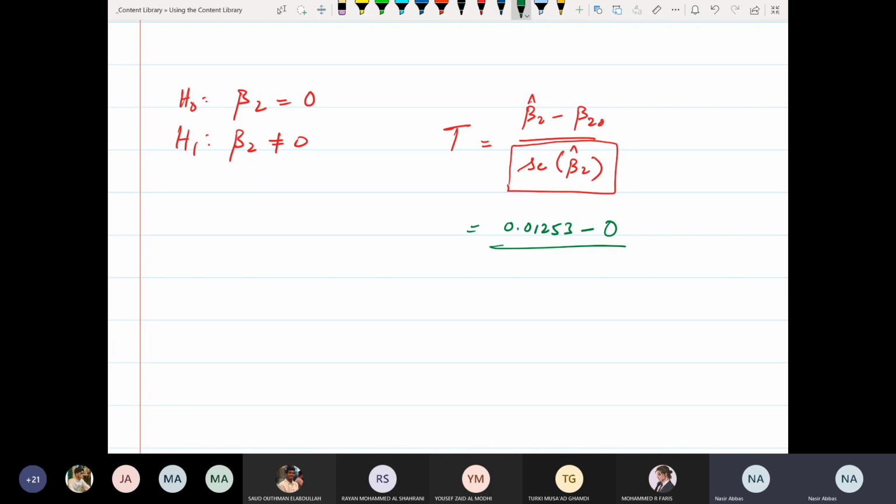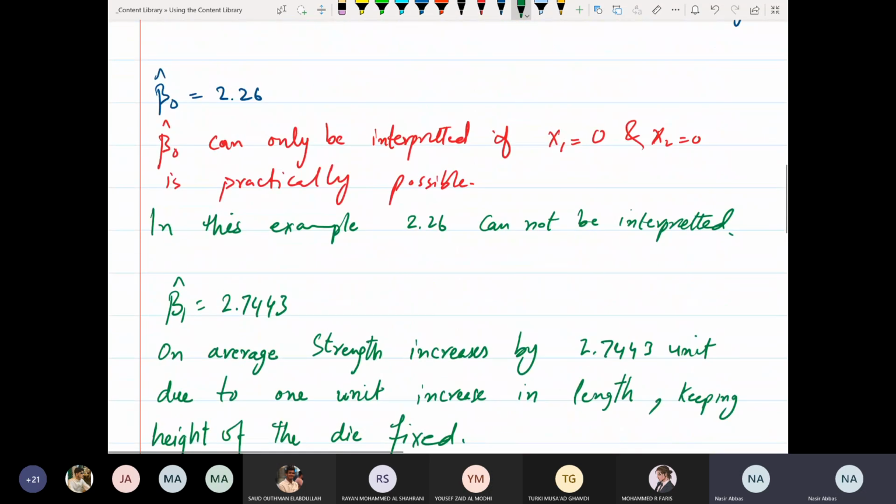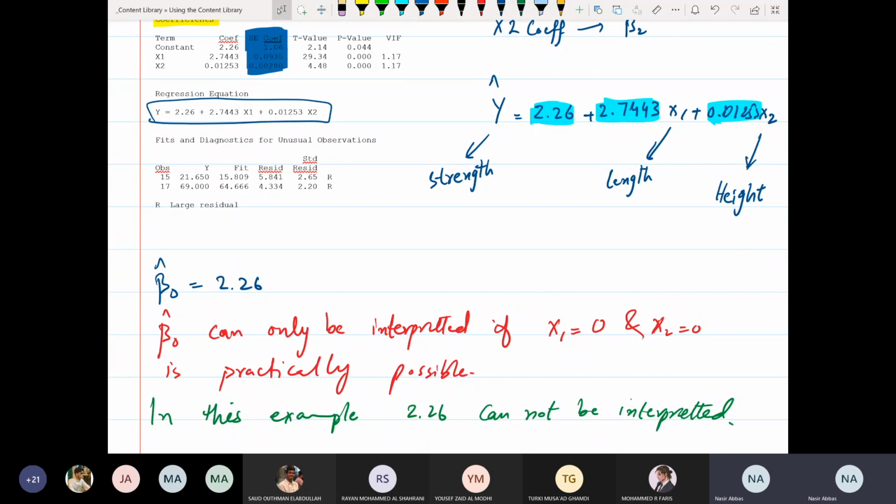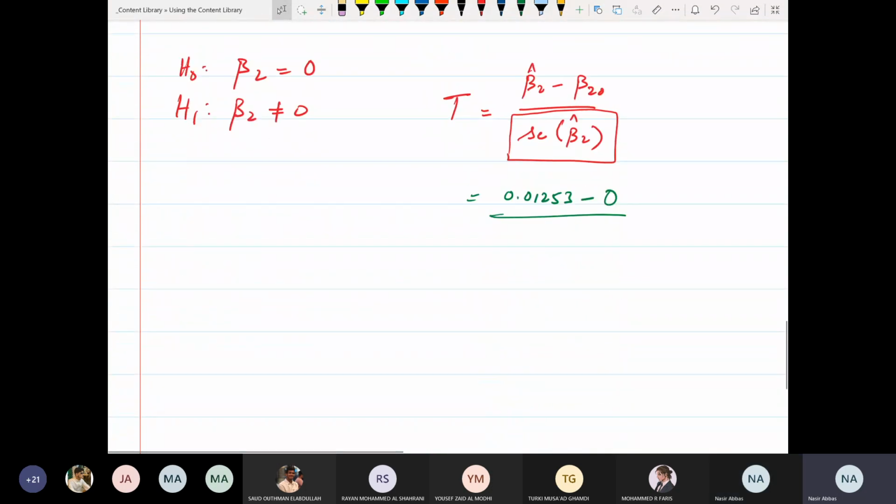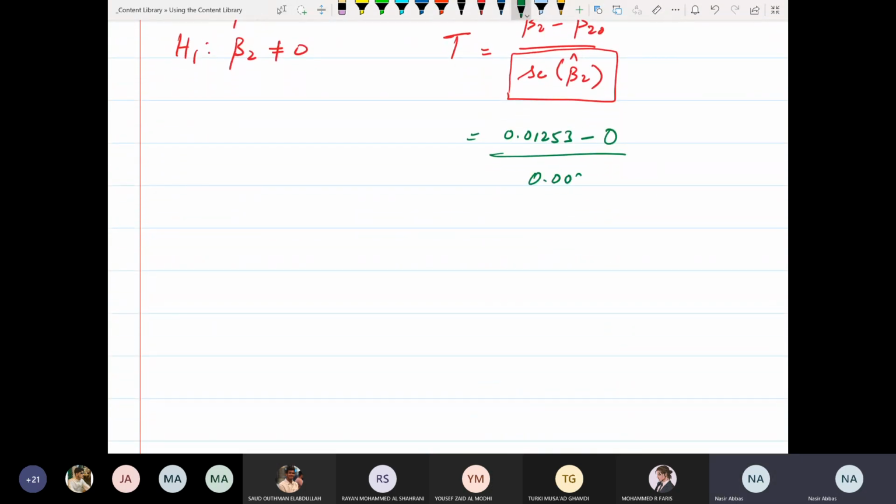I'm testing 0, divided by the standard error of beta 2 hat, which is 0.0028. So the value of T I'm going to get is what? Anyone with the calculator? 5.012.